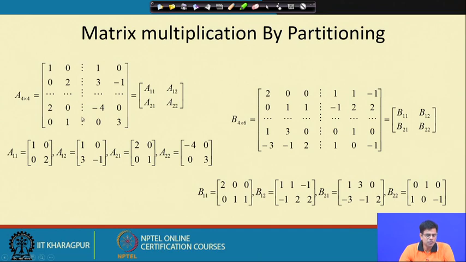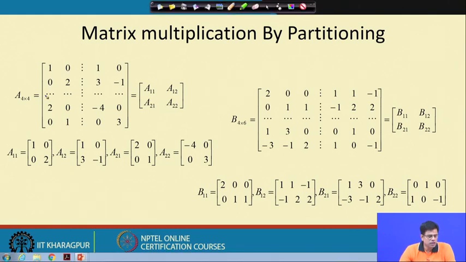If you partition this matrix in such a form, say this is a 4 cross 4 matrix and we partition it in a 2 cross 2 form. So, this is the partitioned matrix. We partition this matrix and write the block matrices A11, A12, A21 and A22 in this block format.